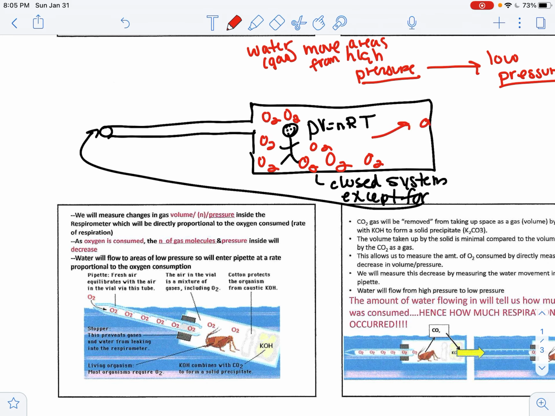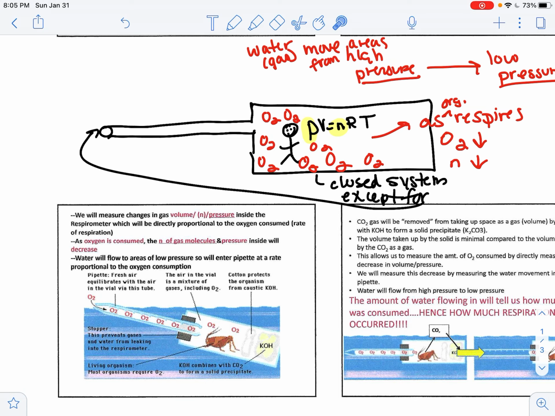And then, so as the organism respires, whatever it is, respires, it's taking in O2, so the O2 is going to decrease in that fixed space. What that means is that the N decreases, right? The number of molecules of the gas that we're dealing with decreases. And as N decreases, remember, we're just dealing with N and P, okay?